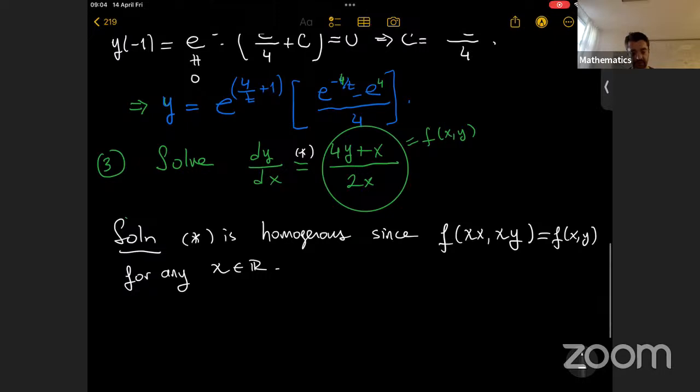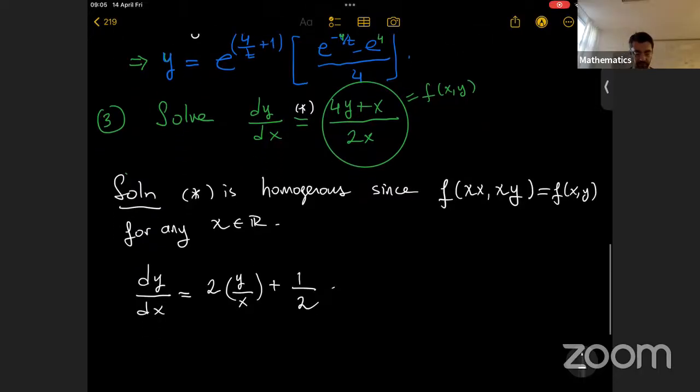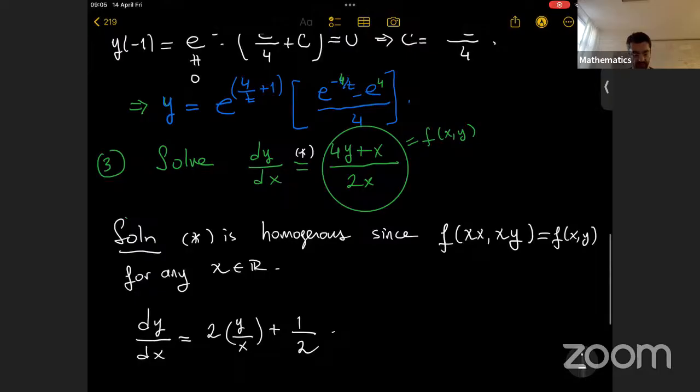Well, in that case, we will write this equation. On the right hand side, we will have a function of y over x. So you can write like this: 2 times y over x plus x over 2x, which is 1 over 2. It is the same, right? This is again star.